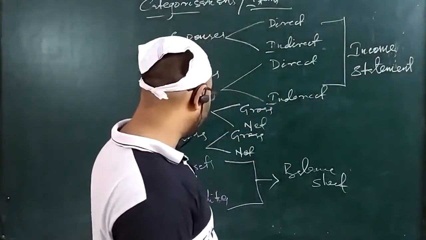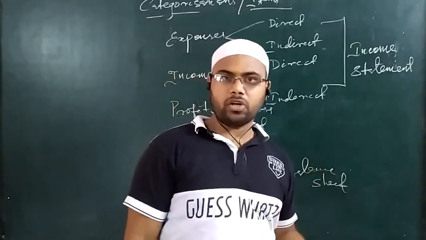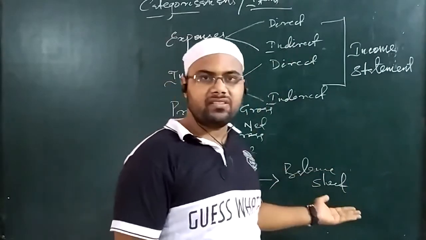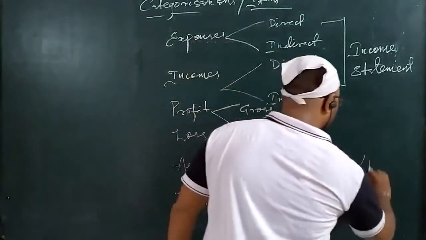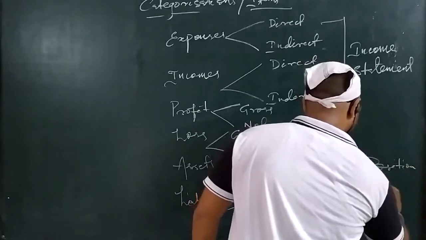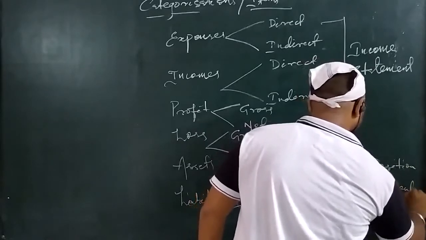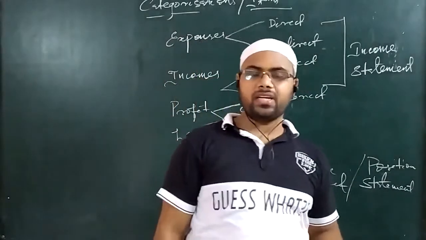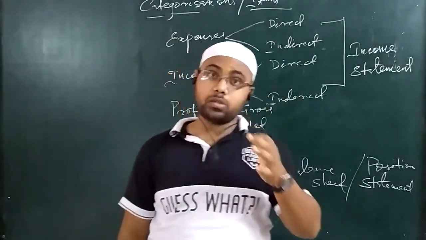Coming to the assets and liabilities, the last 2 most important categorizations of this part. These 2 are taken to the balance sheet, which is also called the position statement. So assets and liabilities are taken to the balance sheet; liabilities are taken to the left hand side of the balance sheet, and assets are taken to the right hand side.